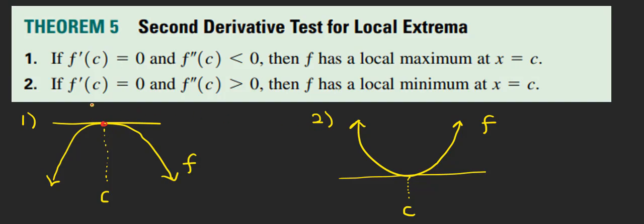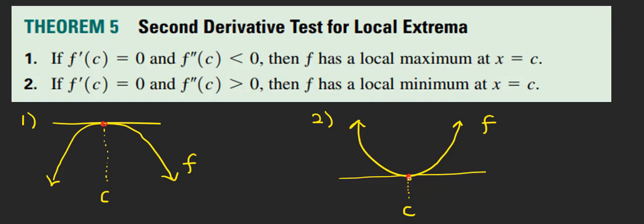And number 2, if f prime of c is equal to 0, again, there's a horizontal tangent line at x equals c, and f double prime of c is greater than 0, that means the second derivative at x equals c is positive, which means f is concave up. Then this point right here will be a local minimum of f.